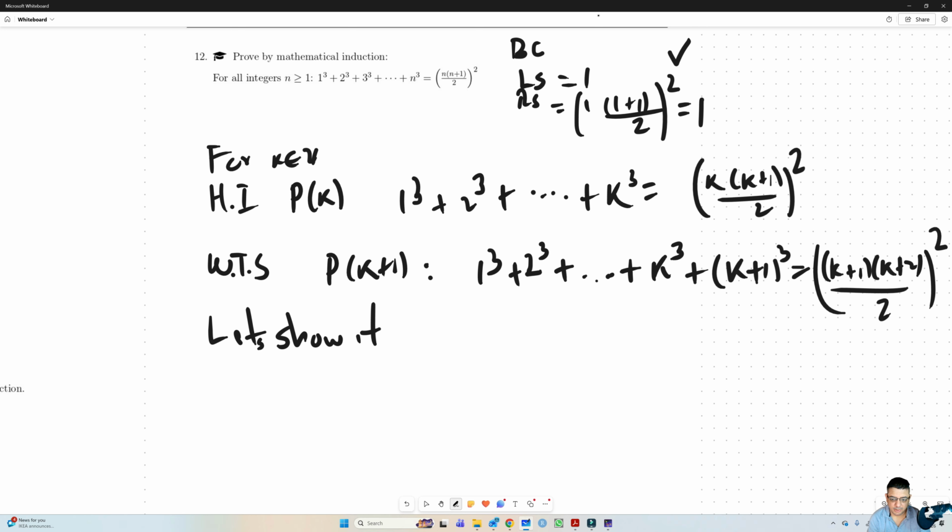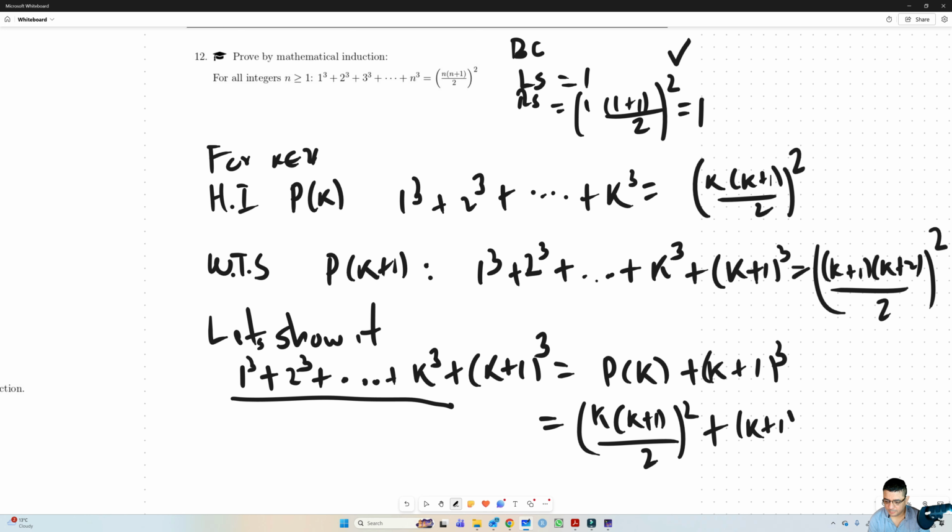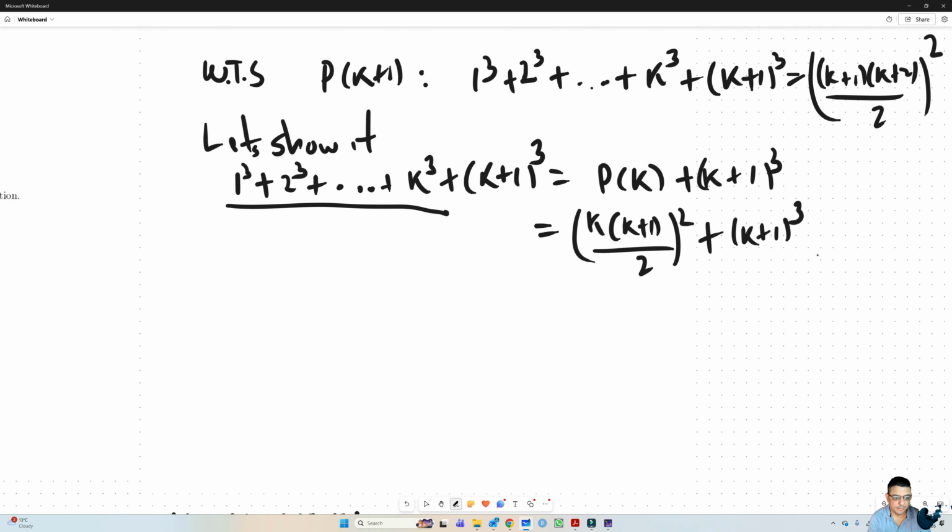What we do, of course, is we start with the first k plus 1 cubes on the left side. And remember that we can see this as the k condition, P of k. And so what this tells me is that I should be able to see it in this way. Now, at this point, I can just factor out some terms here.